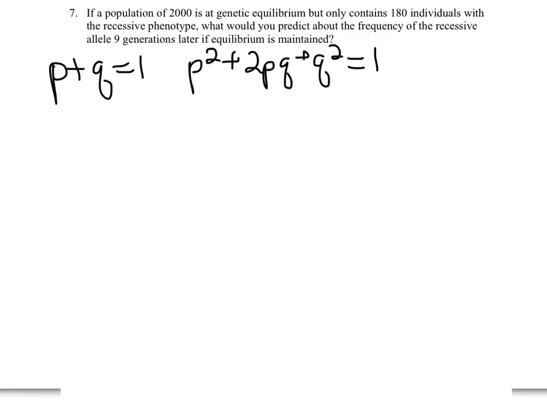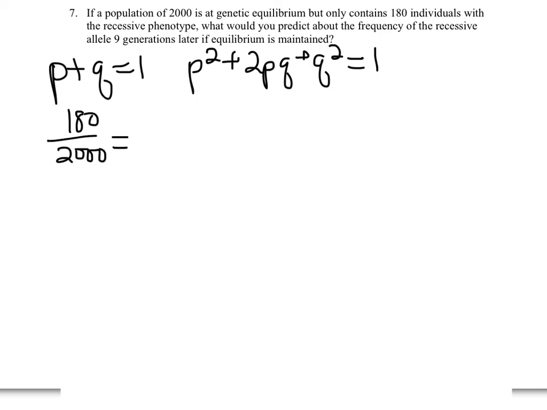If a population of 2,000 is at genetic equilibrium, but only contains 180 individuals with the recessive phenotype, what would you predict about the frequency of the recessive allele 9 generations later if equilibrium is maintained? So if equilibrium is maintained, we expect the allele frequency to stay the same. It's the whole thing of Hardy-Weinberg equilibrium. So let's solve for the allele frequency so we can say what it's going to remain as. Recessive phenotype, that's 180 individuals out of 2,000.